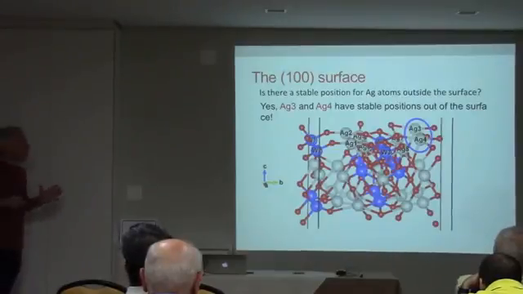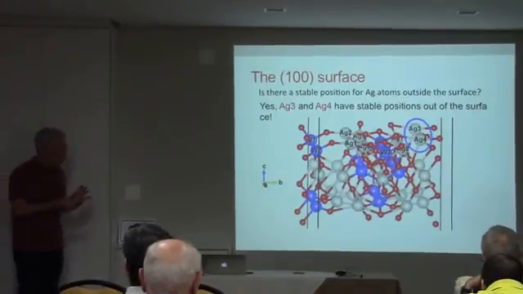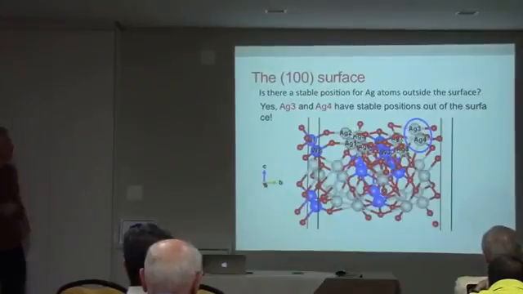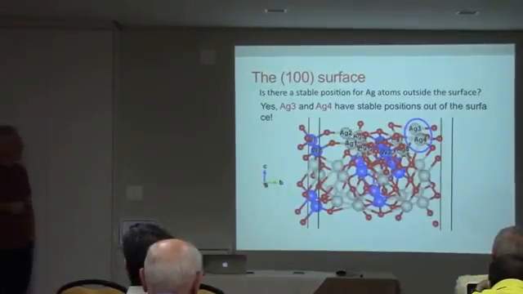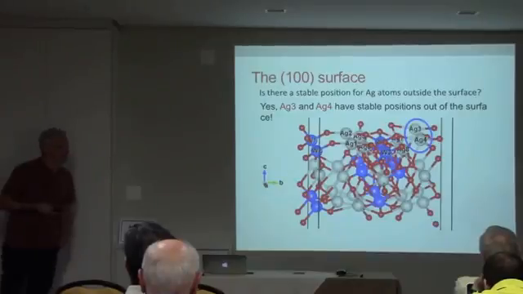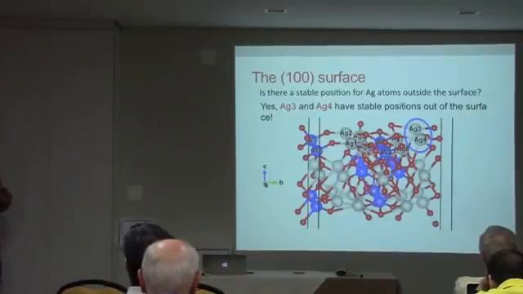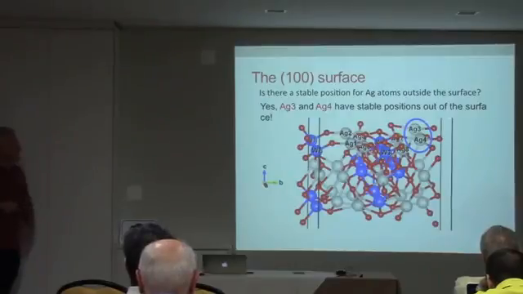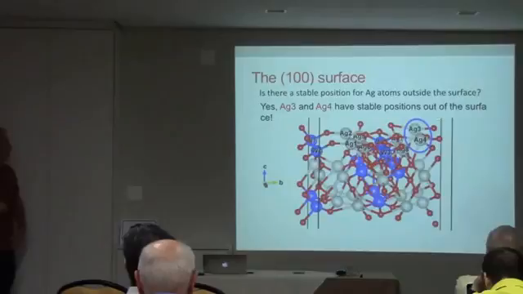There are some silver atoms which are very difficult to get out. They are very stable, and if we try to move them outside, they get back very quickly in the relaxation optimization process. But we find some of the silver atoms that can diffuse outside.